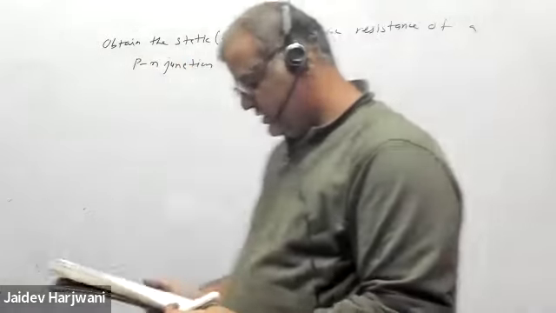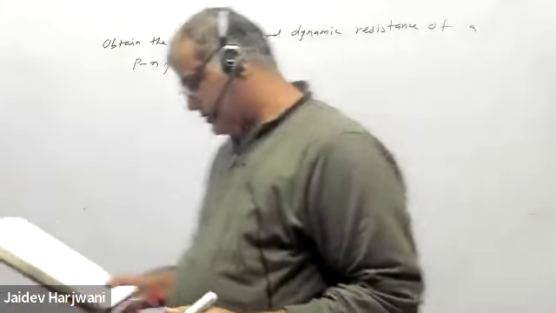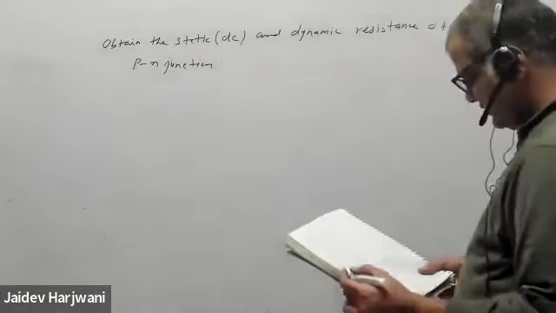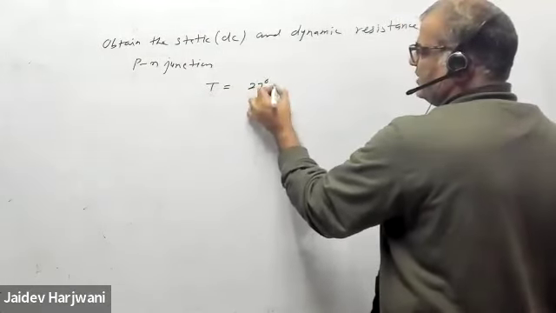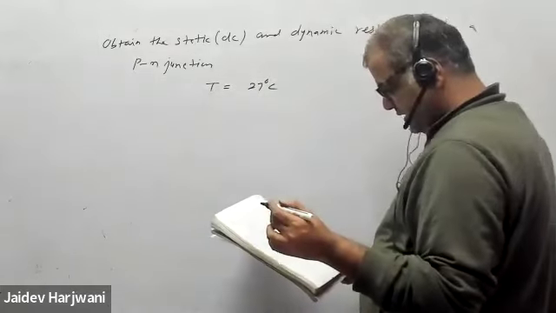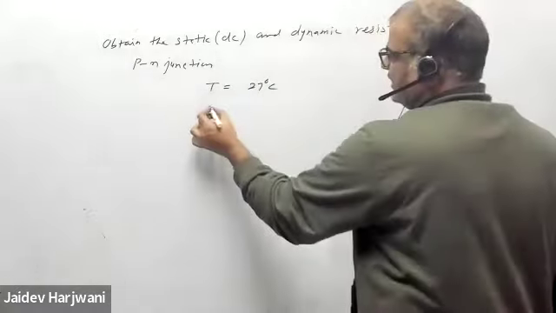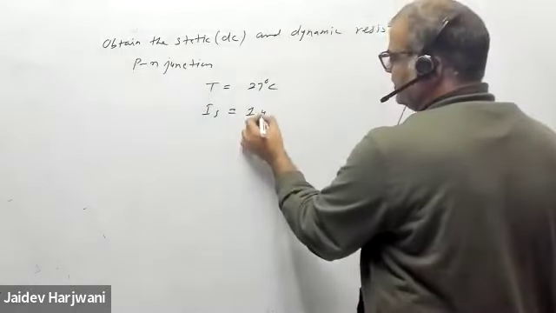A germanium diode is given. The temperature of the PN junction is 27 degrees centigrade, and the reverse saturation current IS is 1 microampere.